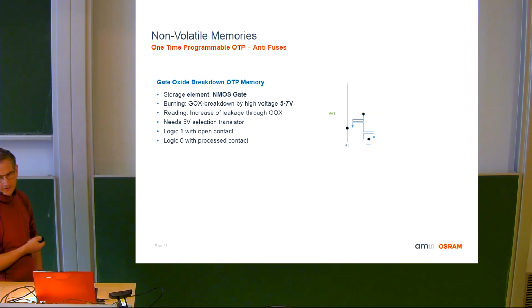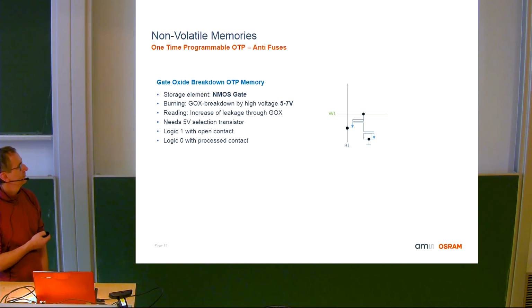Typically in each silicon process node, you have at least two gate oxide types. You have a smaller transistor which can be lowered by threshold voltages down to, let's say, in a 180 nanometer node, for example, 1.8 volt, and then you have transistors in the range of 3 volts.